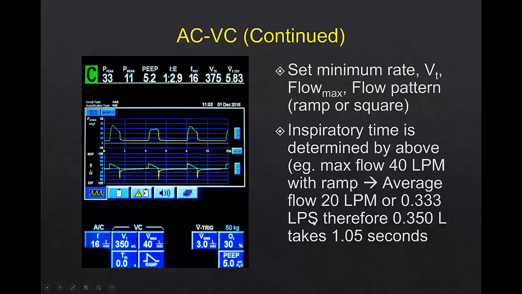I just divided by 60. So because the average flow is 333 cc's per second, which is 0.333 liters, it takes just over a second to get the 350 in. And you can see the width of this is about a second between 4 and 6. It's about half of the width of these blue lines.